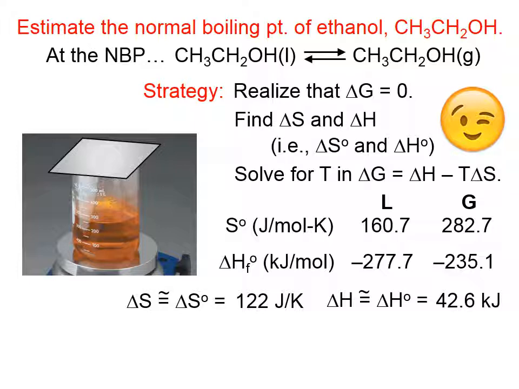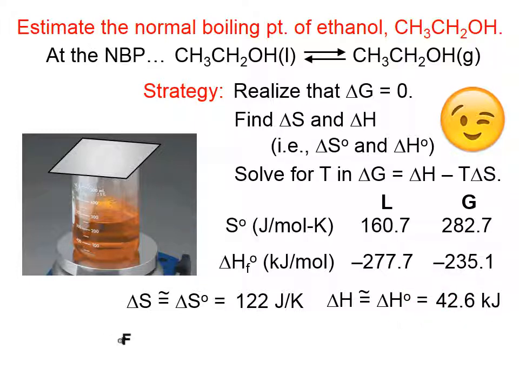Now, Mr. B, how did you know in the equation up here at the top to have the liquid on the reactant side and the gas on the product side? It doesn't matter, because when we're at equilibrium, there's an equal interchange between these. Do you see that if I had put the liquid on the product side and the gas on the reactant side, the sign of this delta S would have been negative, and the sign of this delta H would have also been negative.